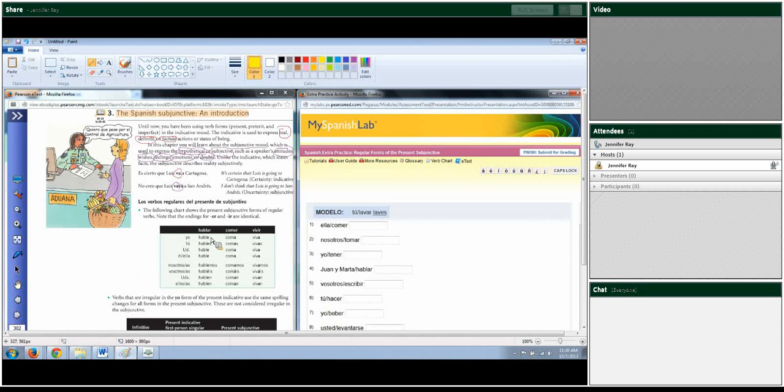What I would do for all of them is put your verb in the yo form, drop the o, and add the opposite ending. So AR verbs, if you'll notice, are getting ER endings, and ER and IR verbs are getting AR endings.